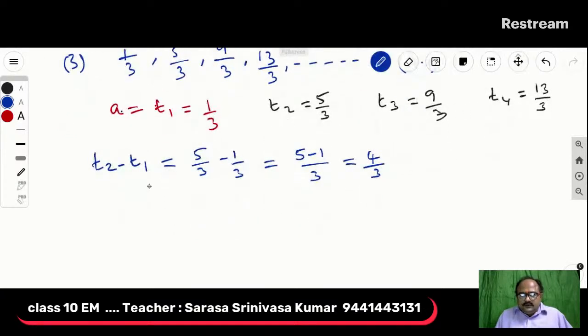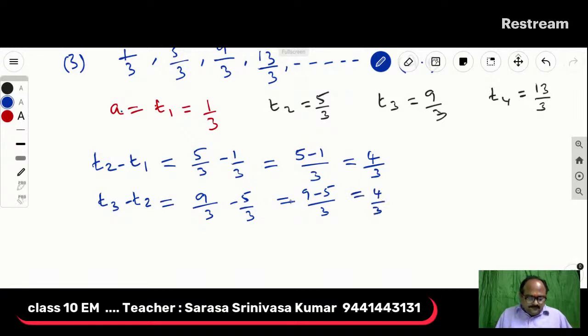Now we write T3 minus T2. What is T3? 9 by 3. 9 by 3 minus 5 by 3. This is equal to 9 minus 5 by 3 equal to 4 by 3. In the next step, we find T4 minus T3.